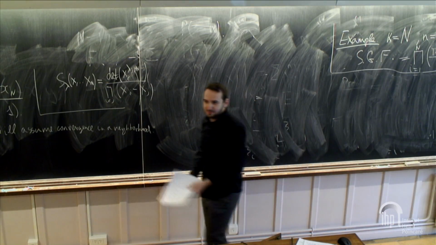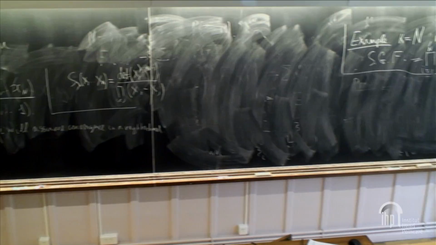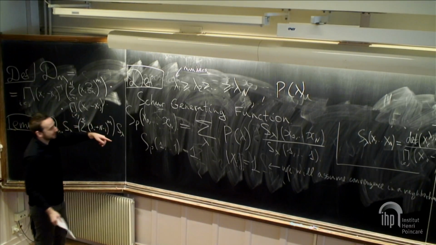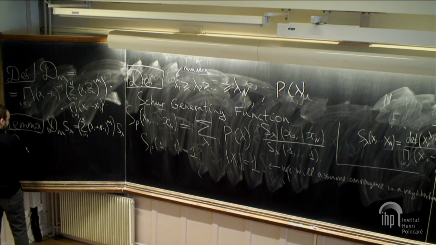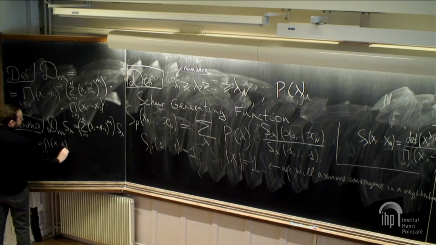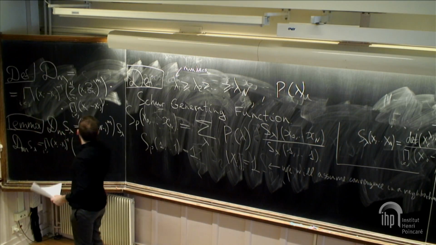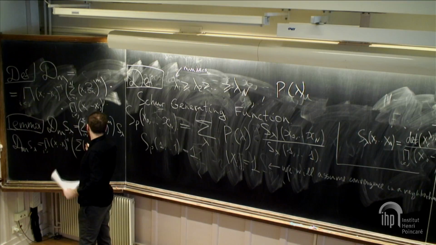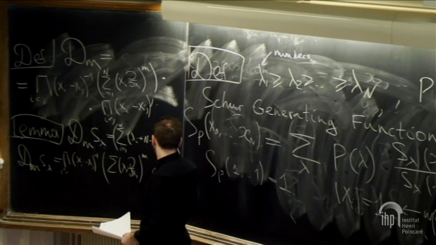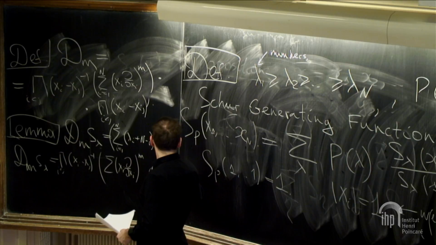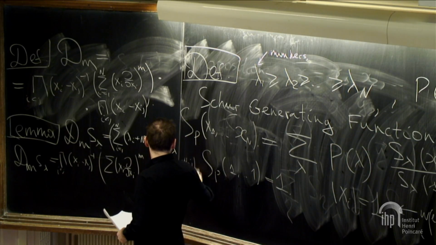Okay, so you can see that actually the two definitions are well adapted to each other. When you multiply, the denominator disappears. And so D_m s_lambda is equal to this product of (xi minus xj) inverse times this sum of (xi d/dxi) to the power m, computed on the determinant of xi to the lambda_j plus n minus j.